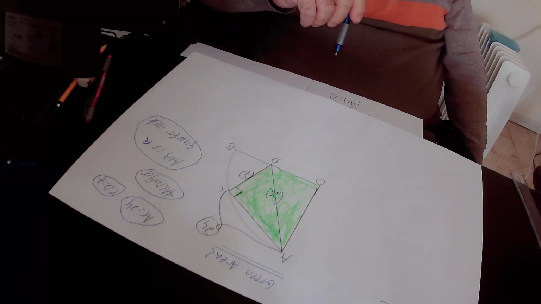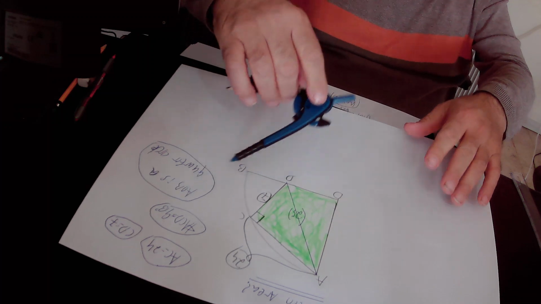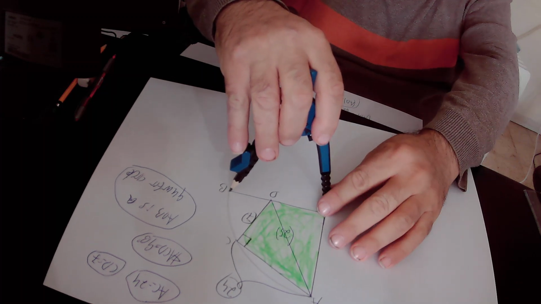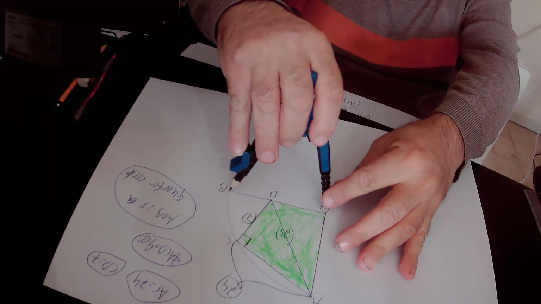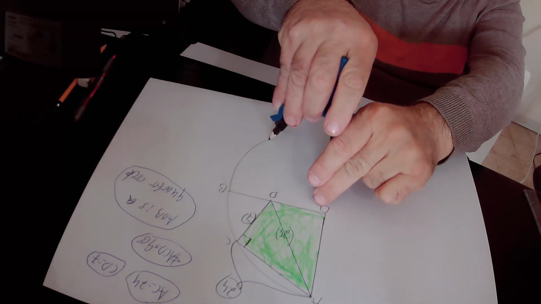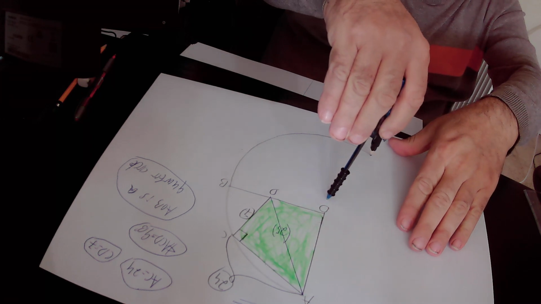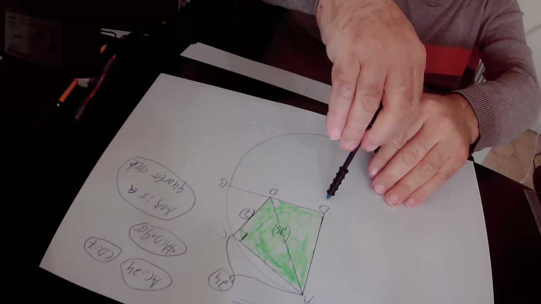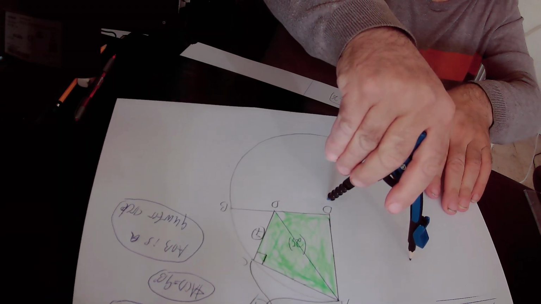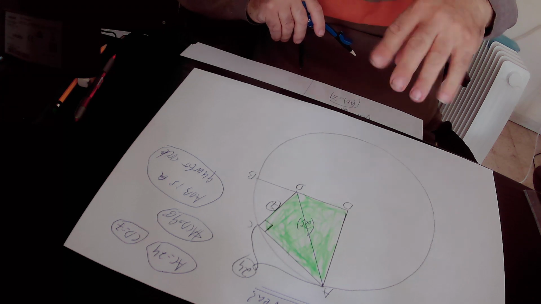Right now we complete the quarter circle to a circle. So we completed this quarter circle to a circle.